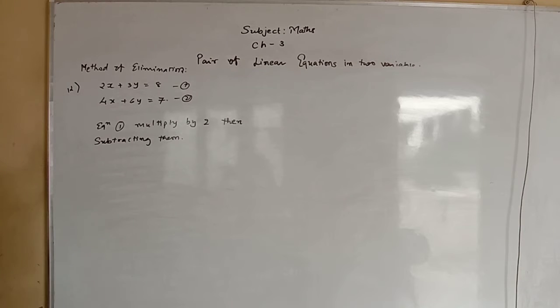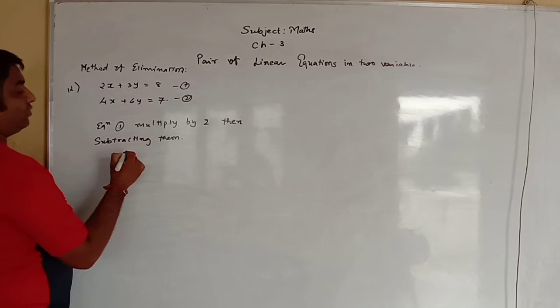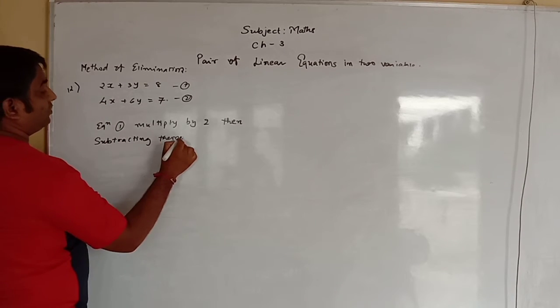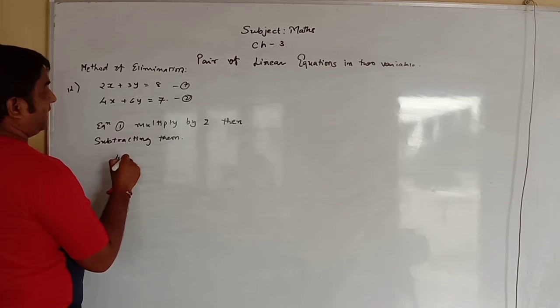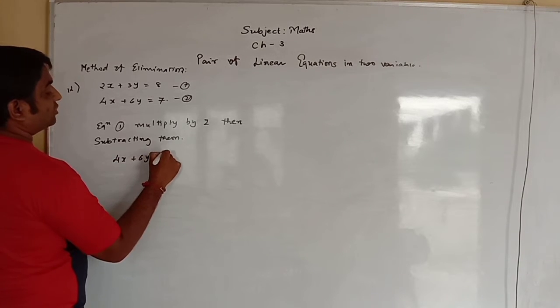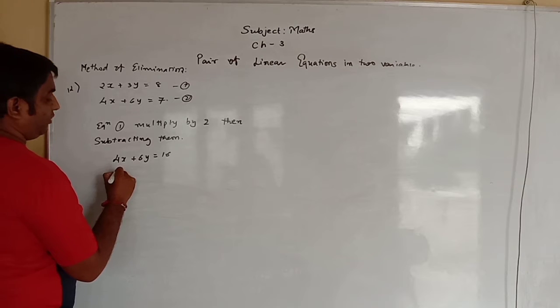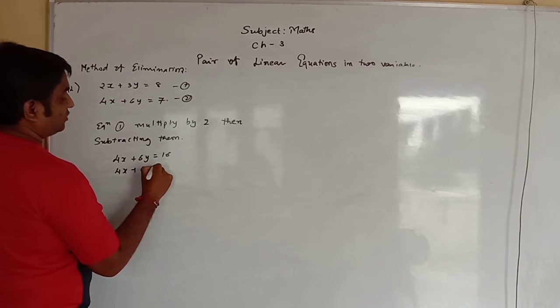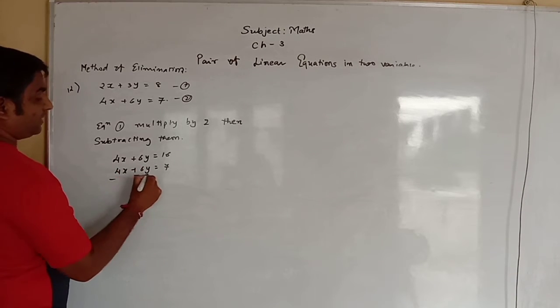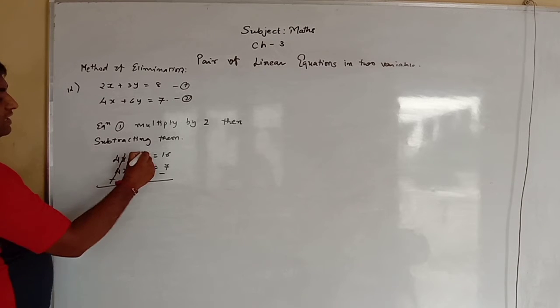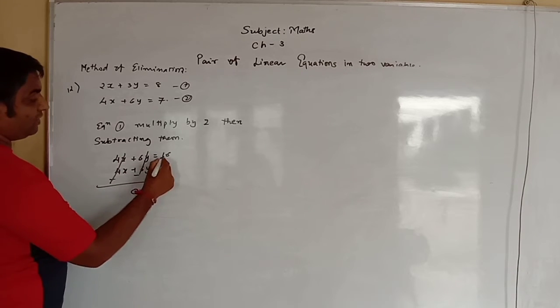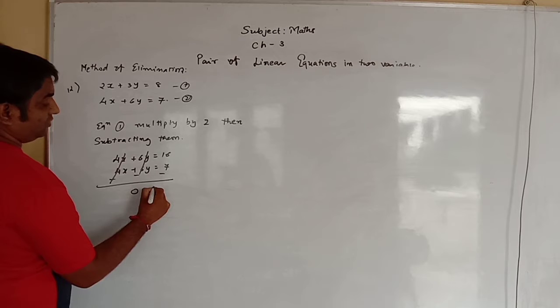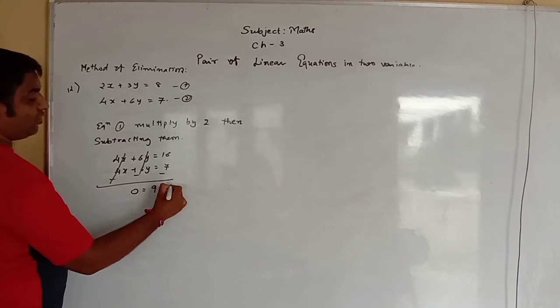Equation 1 multiplied by 2 gives 4x plus 6y equals 16, and here 4x plus 6y equals 7. So we subtract them and we can see that the variables cancel, so we are getting 0 equals 9, which is not true.